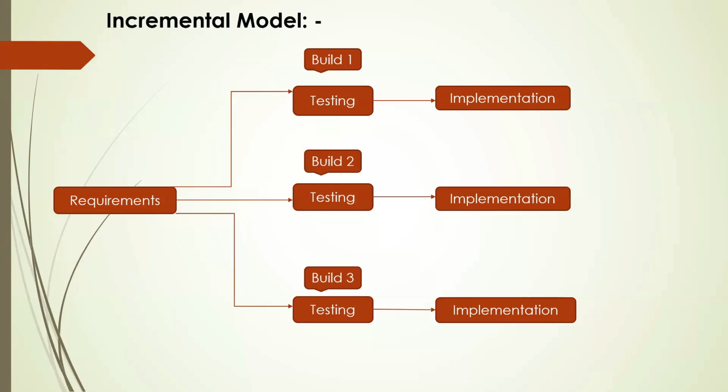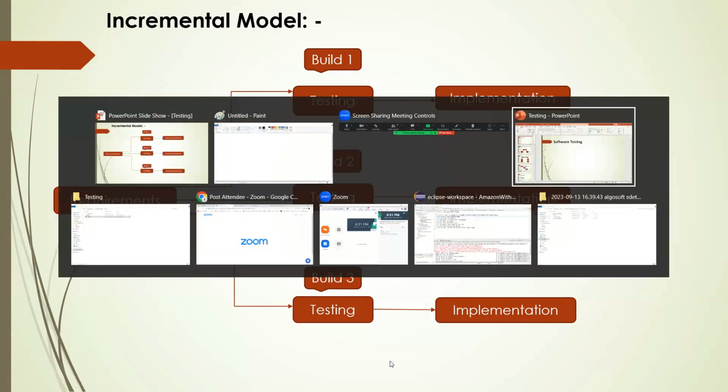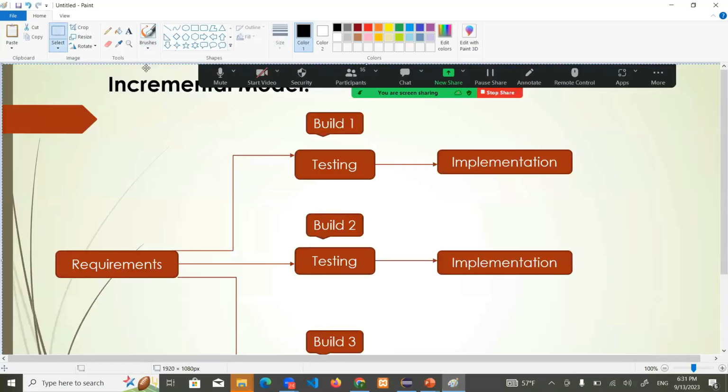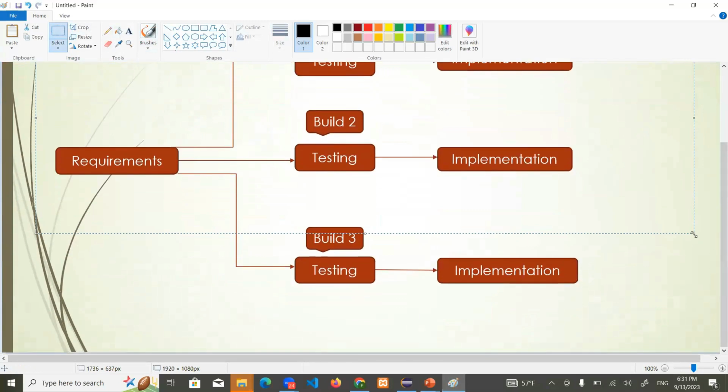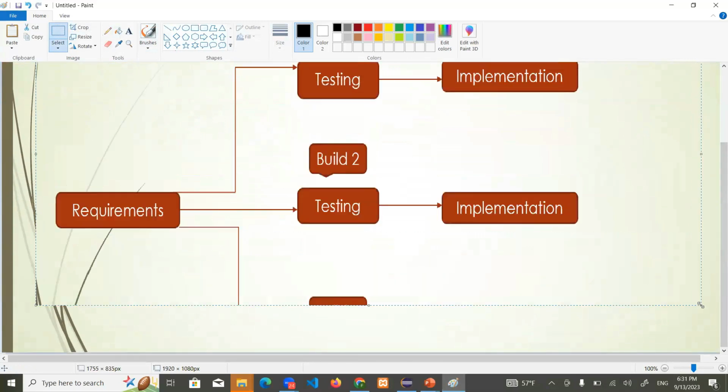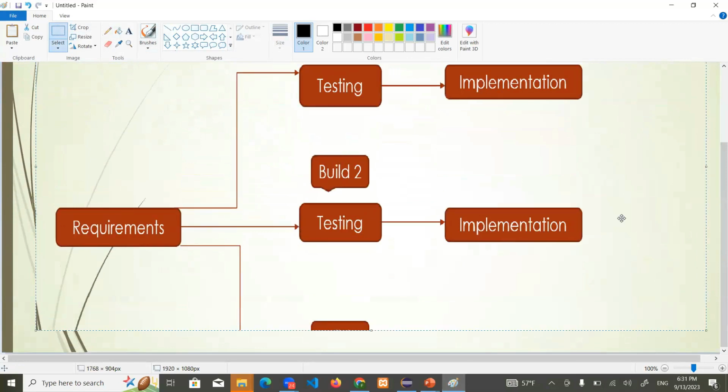Let me take the print screen. Let's go to Paint and paste it in here. Now let me crop it. I guess it's not coming there. Let's do it like this.